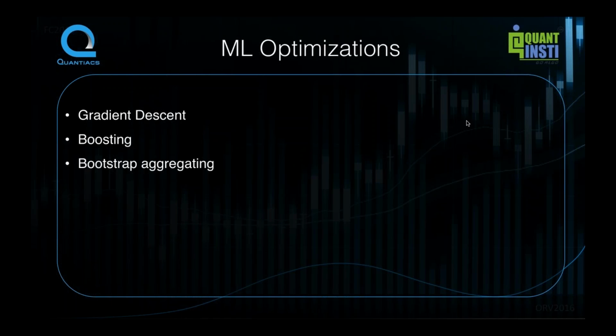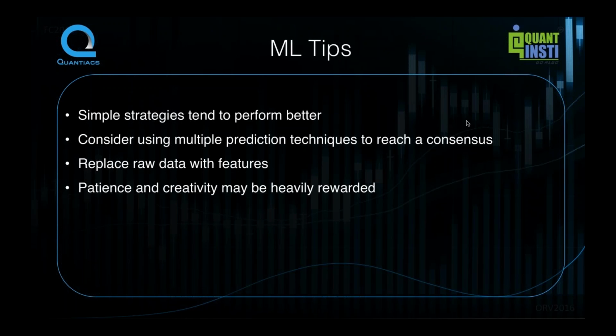So a few things that I have learned personally, and I believe our quants would be the first to tell you, when applying machine learning to quantitative finance, simple strategies tend to perform better. Keep it simple. If possible, consider using multiple predictions and attempt to reach a consensus. Use a voting kind of thing. Sometimes, if the raw data is noisy or encompasses a broad range, replace it with features.